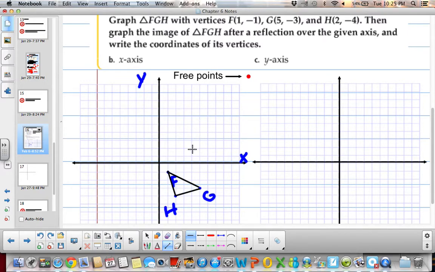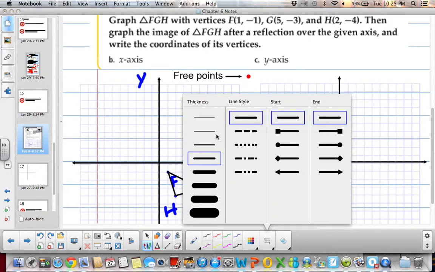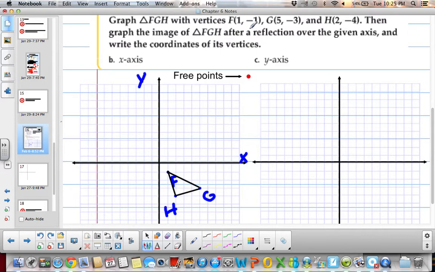So our F prime is still going to be over 1, but this time we're changing our y so that it's going to be the opposite. Because F is, we went down 1 from the x-axis, so for our F prime, instead of going down 1, we're going to go up 1.